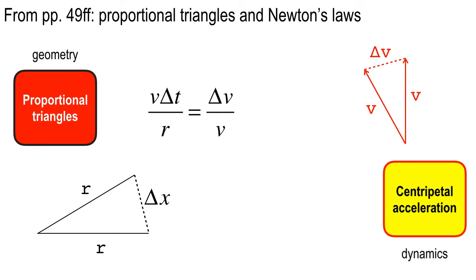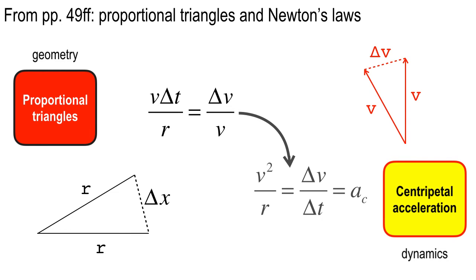Leave this R there, and then take the delta T from the numerator and cross multiply it to the bottom of the right side, and you get delta V over delta T. I should have given you a clicker question. What's delta V over delta T? What's that the definition of? Acceleration, yeah.